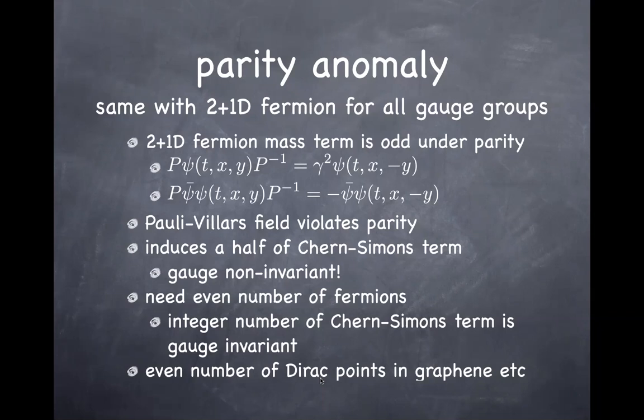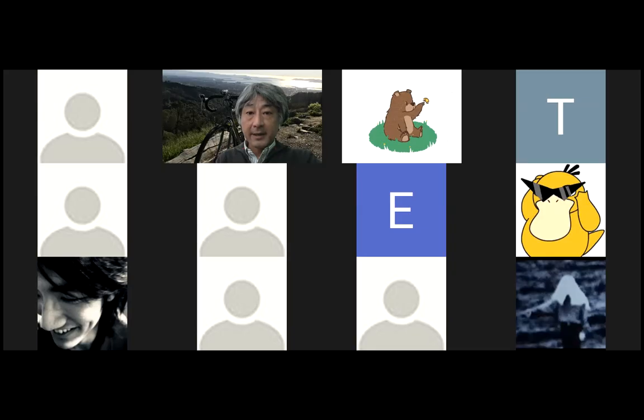Thanks. Okay, any further questions? So the anomalies, you can know the anomalies cancel exactly because individually the axial current violations all come from these topological effects. Is that right? Can you say that again?